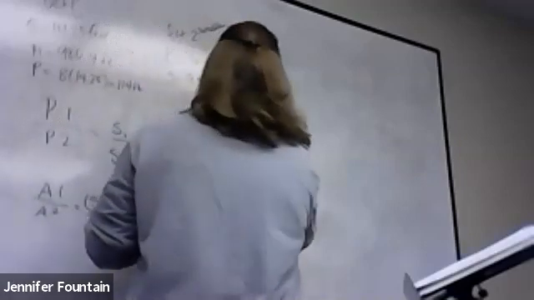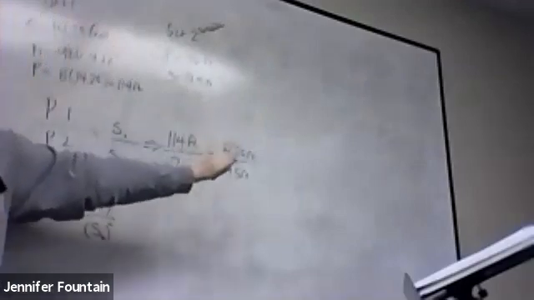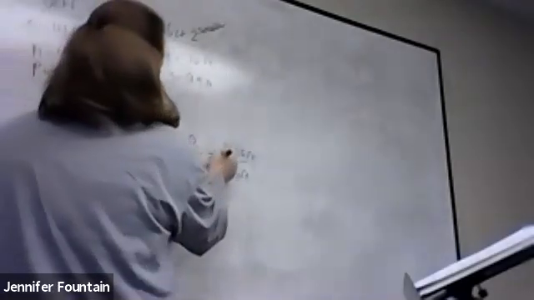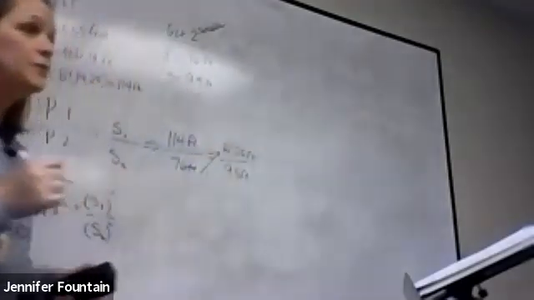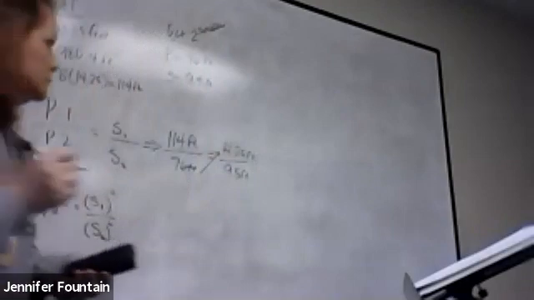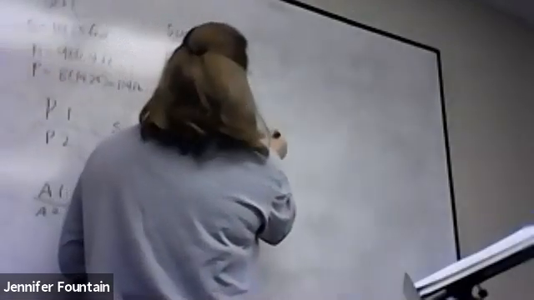Okay, so when I set this up, what should these do? They should be equal to each other, right? Okay, so what is 76 times 14.25? 1,083.